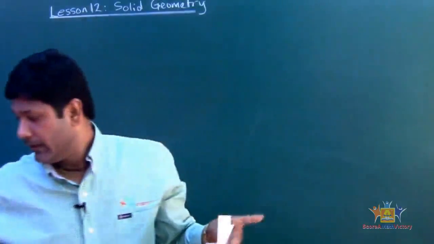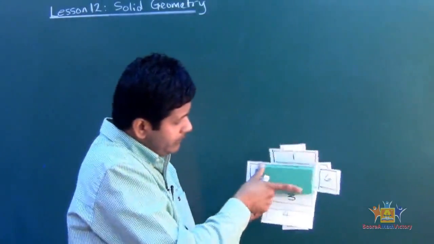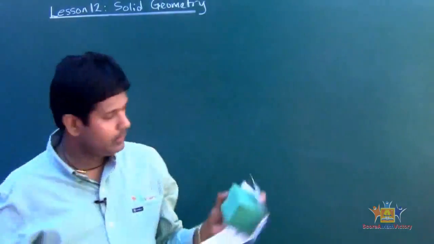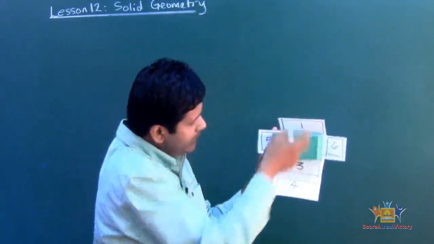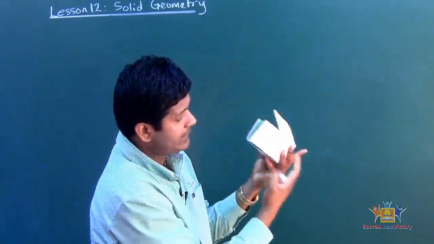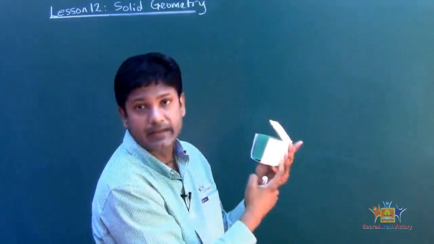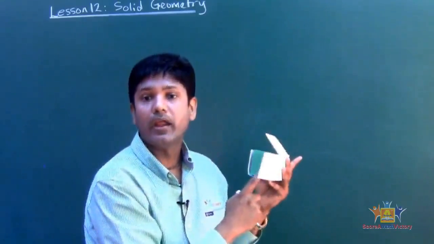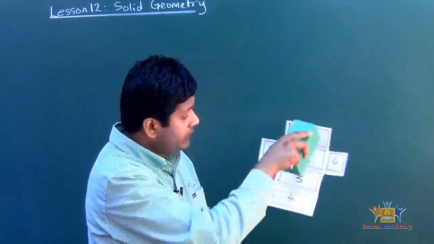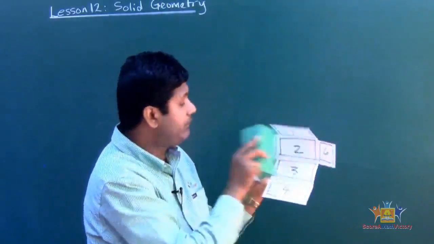So in other words, if I look at it like this, see that? This surface and this surface are opposite. They're going to be identical. And this surface and this surface are going to be identical if this is not a square. If it's a square, all four of these are going to be identical. Only if this is square.